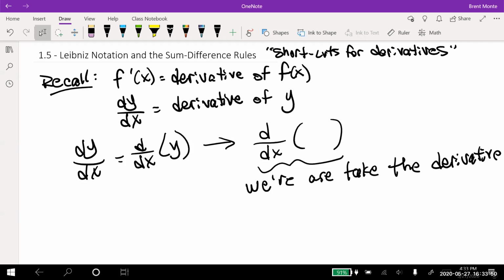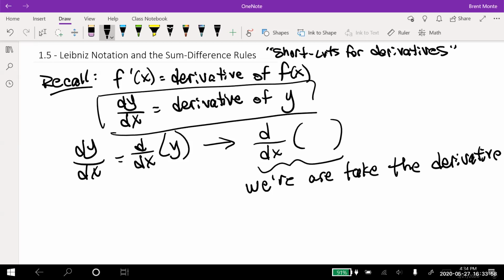Now remember, dy dx up here is the derivative. If you have d dx, there's no y there, it's saying you're taking the derivative of something. So d dx, we're going to take the derivative. Dy dx is the derivative. So if the y is not there, we're getting ready to take the derivative. The dy dx says I did take the derivative of y. Okay, so just a little notation there because we're going to use that for the shortcuts.